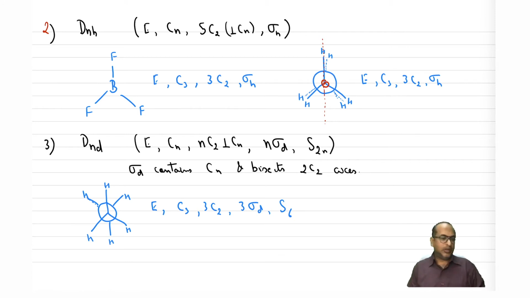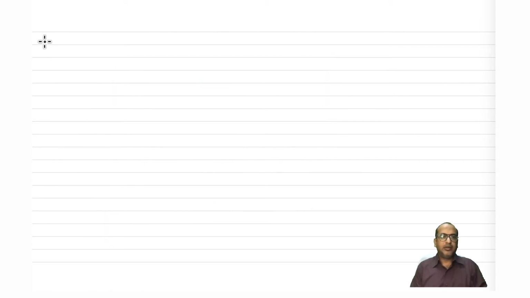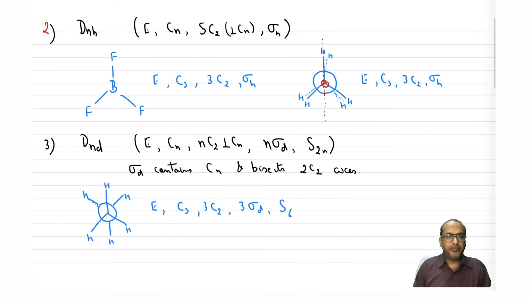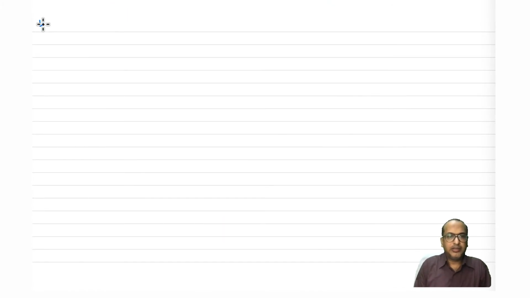Okay, so let's move ahead, and the next category is D infinity H. The elements and the corresponding operations will be C infinity. This is actually very easy to identify.